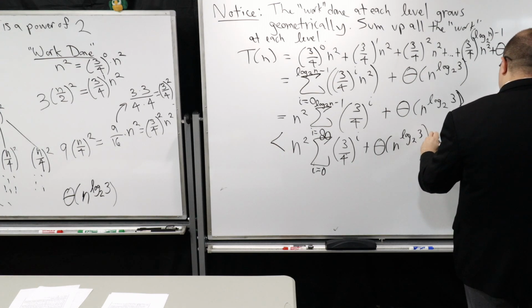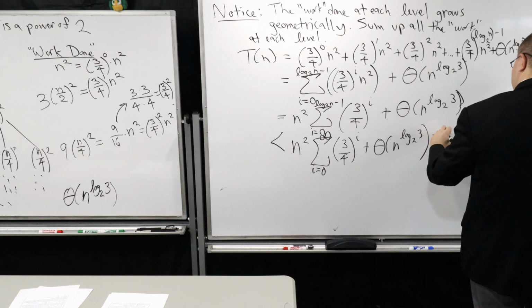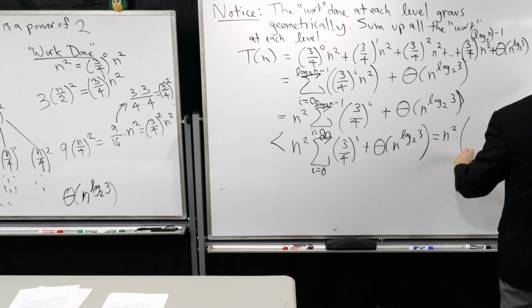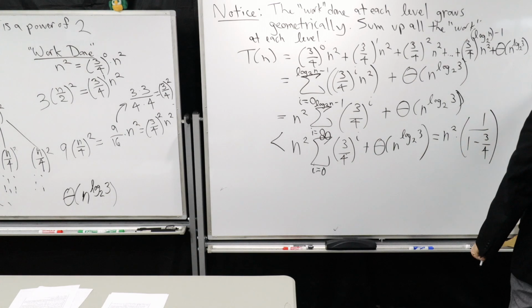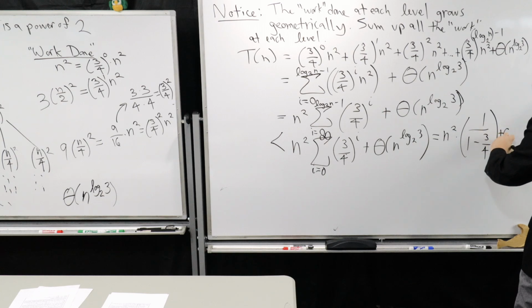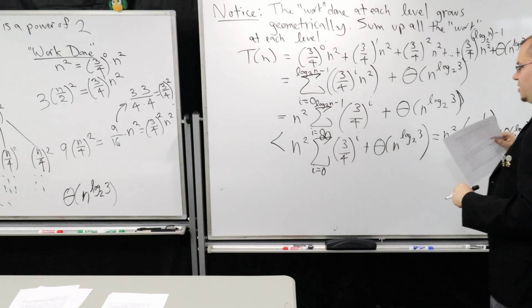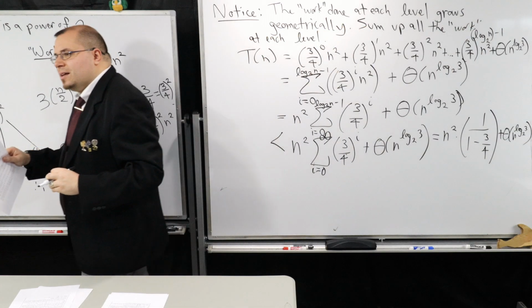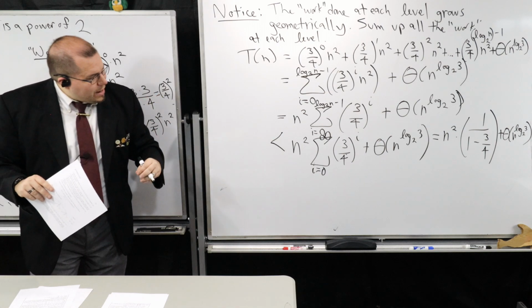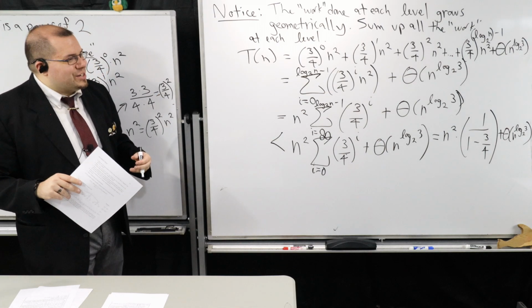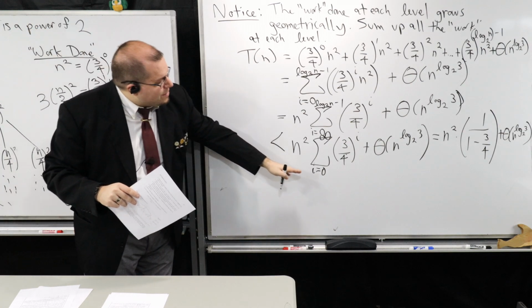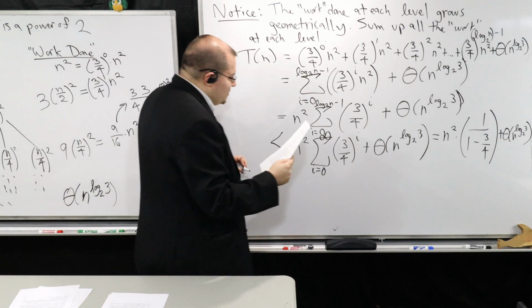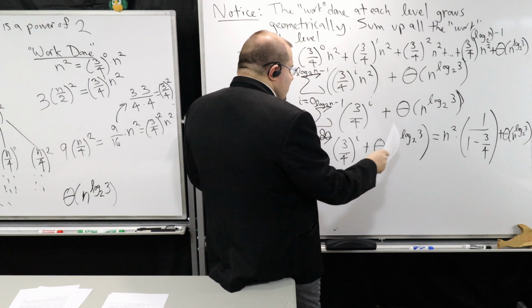This is going to be equal to n squared times 1 over 1 minus 3/4, and then I have the additional big theta term, big theta n to the log base 2 of 3. If you're wondering where that came from, it was just an invocation of the closed form formula for this infinite sum. I've done something like this before.